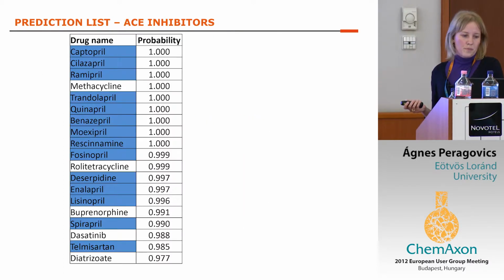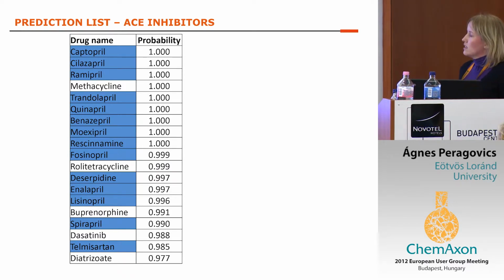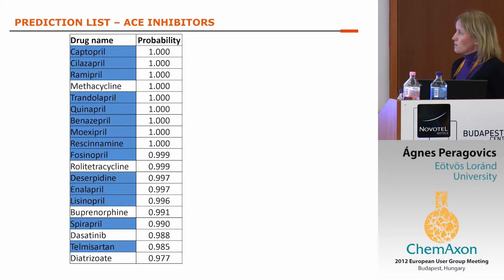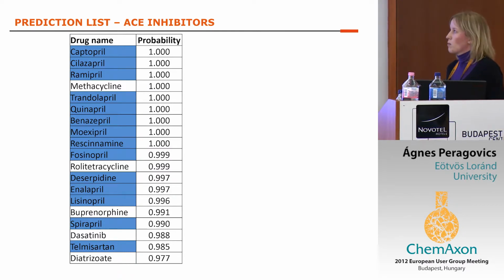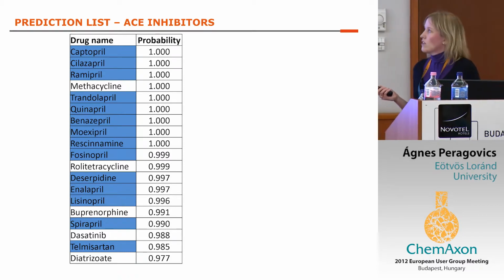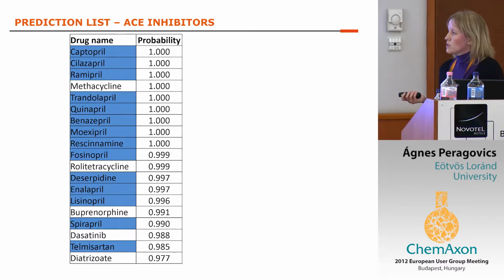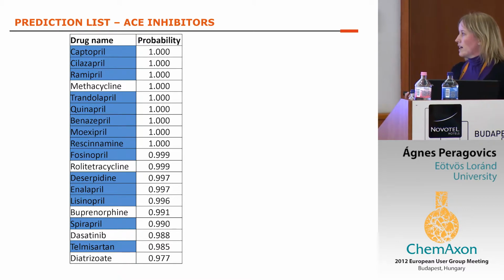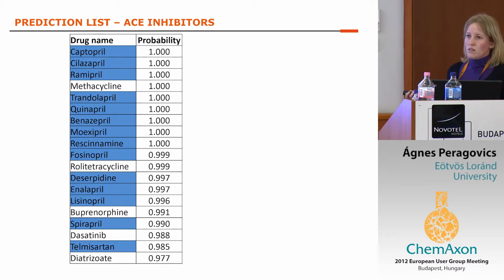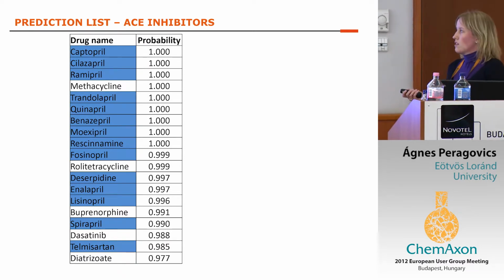And that's how we get a so-called prediction list. This is an example of the ACE inhibitors, a subcategory of antihypertensive agent. This is only the top of the list, so the molecules having the highest predicted probability values, but this list contains 1,200 molecules, so all of the FDA-approved molecules are ranked based on their probabilities.